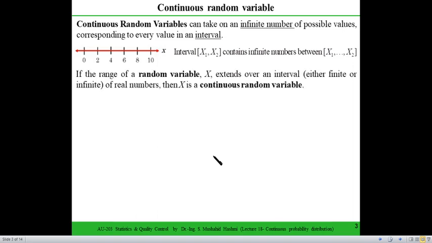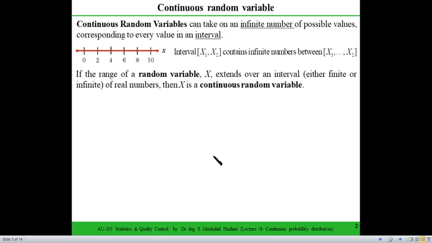Okay, so if the range of your random variable extends over an interval, either finite or infinite, and we can represent it on a real number line, then that random variable would be called a continuous random variable. And we have seen that the formal definition of a random variable is that you take some values from a sample space and you have a certain function which transforms those values from the sample space into a number line.